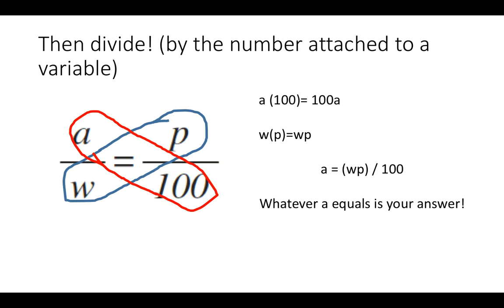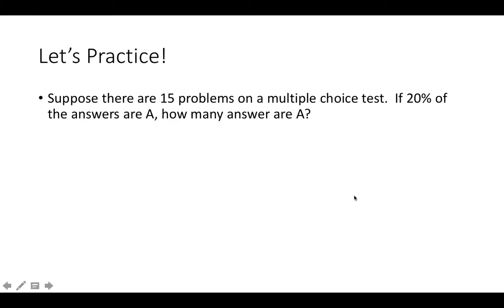This one's a little confusing because we have all variables, but let's look right here. See this number, the 100, that's attached to the A? The A is your variable. Your 100 is your number that's attached to the variable. So what we would end up doing is dividing WP by 100. Whatever that equals is your answer.